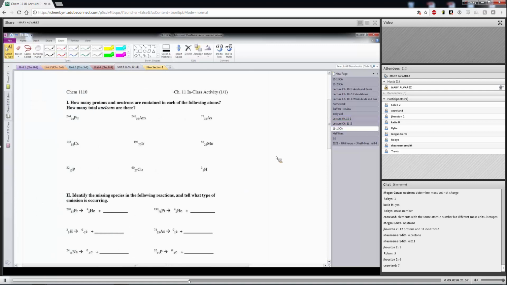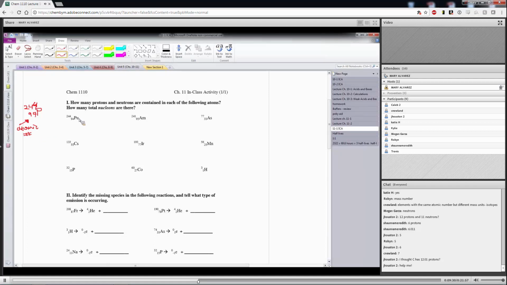Section 1 of the in-class activity sheet. And again, these usually end up stacked here. You should actually see this as P with a 244 on top and a 94 on the bottom, but it turns out Word is really difficult to make that work the way that I want it to. So they're offset, but they shouldn't be. The number in the bottom left is actually your atomic number, which we often don't include because it's defined by the element.